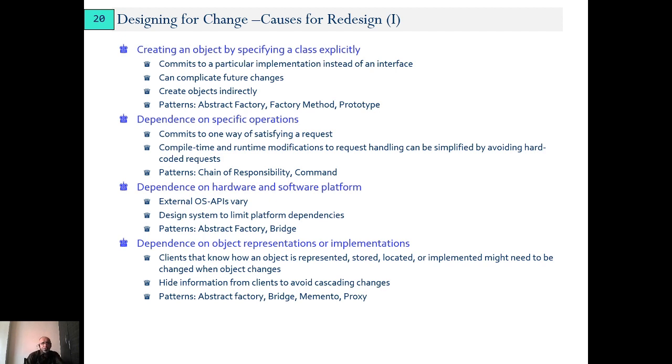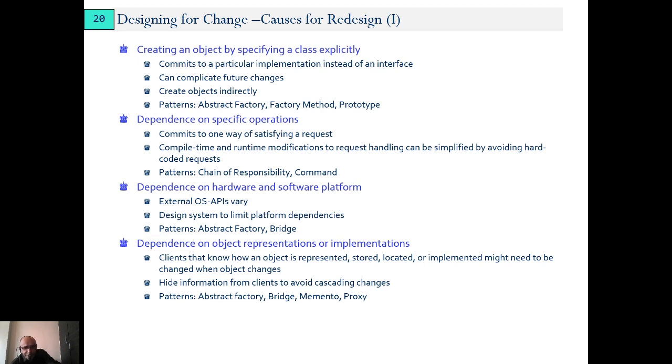Now, dependence on specific operations. So compile time and runtime modifications are avoided here. Chain of responsibility and command are examples. Hardware and software platform: abstract factory and bridge; external OS APIs may vary. If they vary, they will limit the platform dependencies, isn't it?